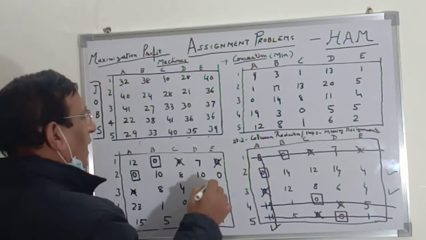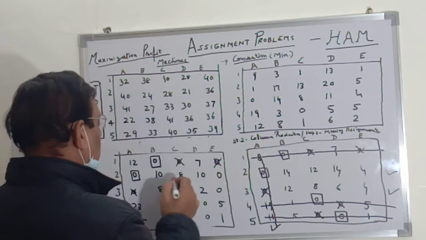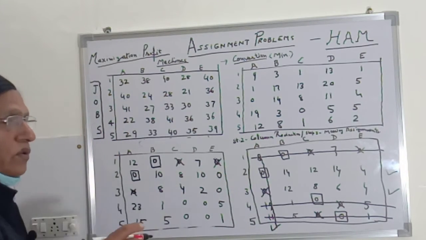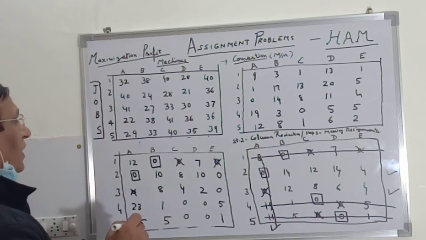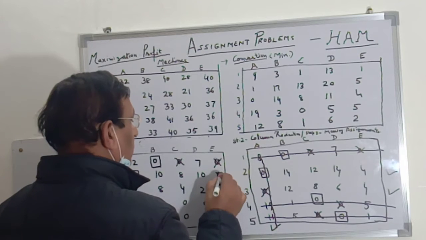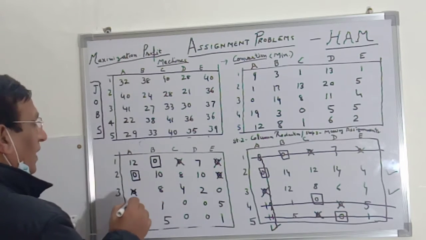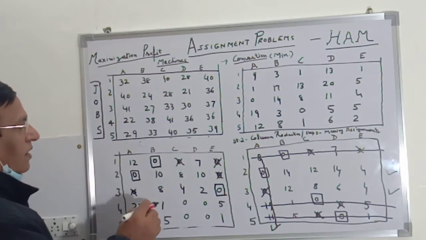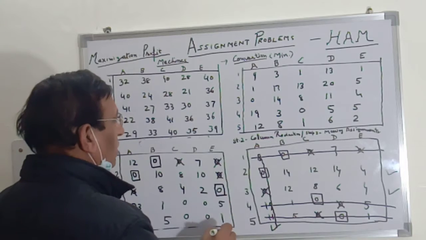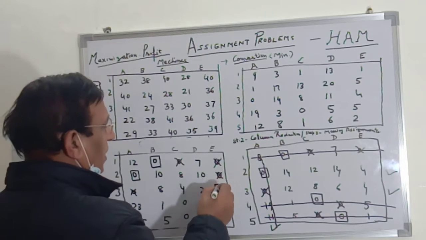Then here also you can delete, because there is no possibility of 2 assignments in one row or column. So this you can delete also. In the third row, now this is the single 0 and you have to delete the zeros in the other column, otherwise this would have been deleted at this time.